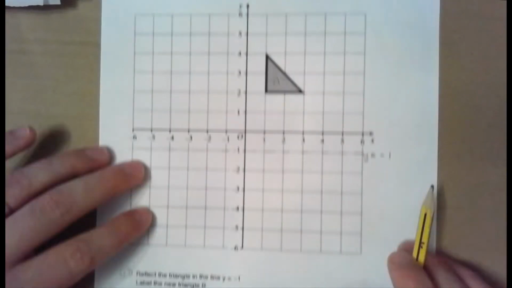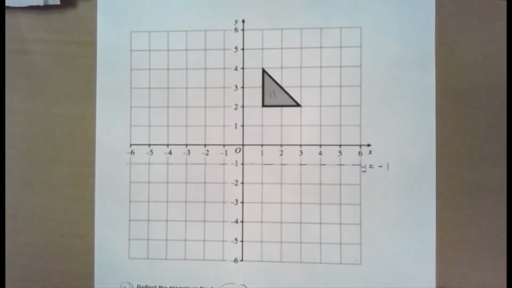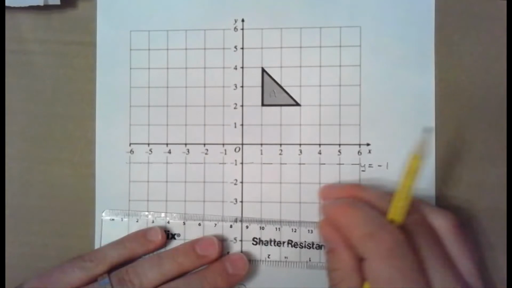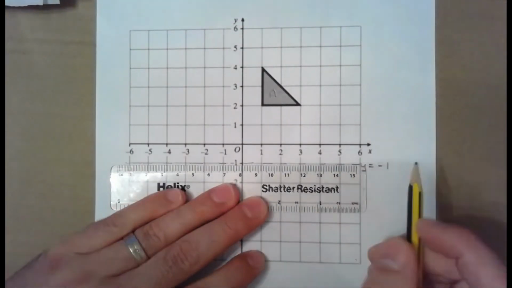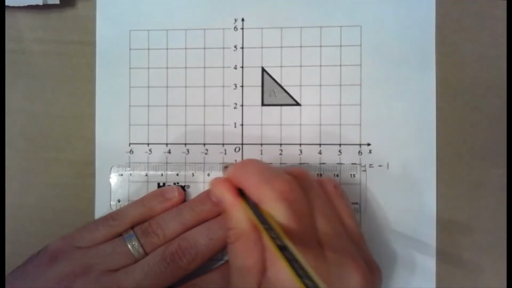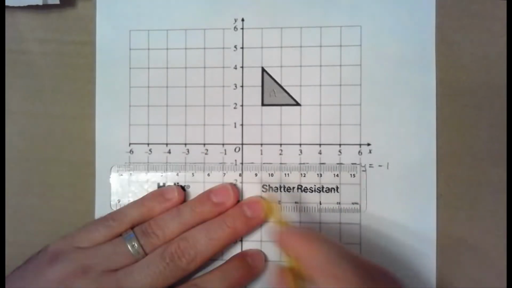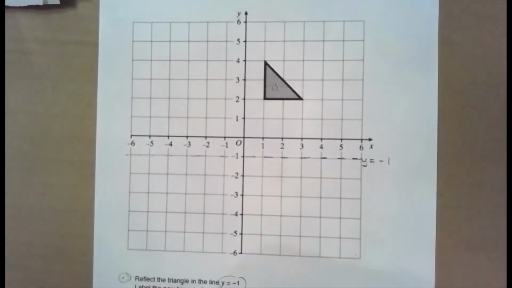Here we've got a shape, and we're being asked to reflect the triangle in the line y equals negative 1. Y equals negative 1 describes all the points where the coordinate will have y as negative 1, which is all of this bit here. So I've drawn the line y equals negative 1, I've labelled it, and now we're going to reflect it.